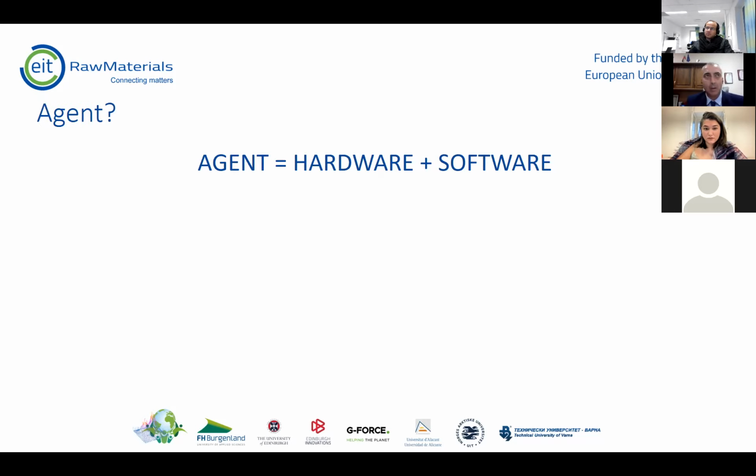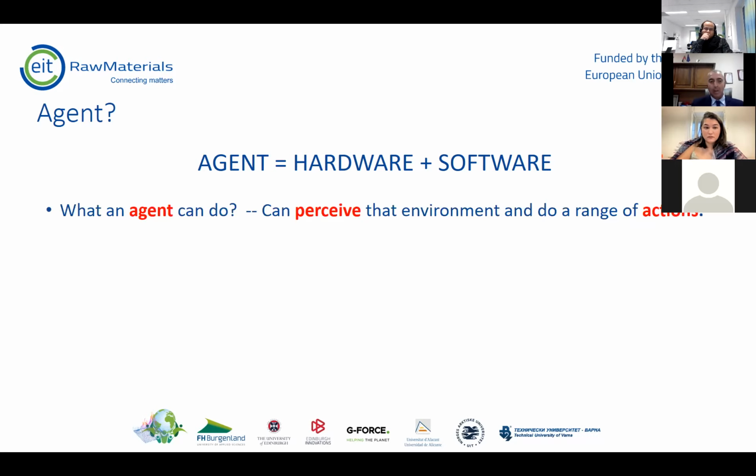When I'm talking about agents, I always say that an agent is some piece of hardware plus some software. In order to summarize, I would say that an agent can perceive the environment and do a range of actions.